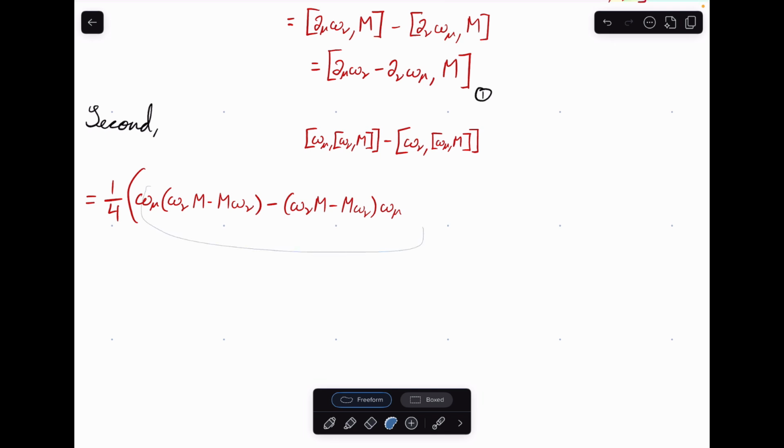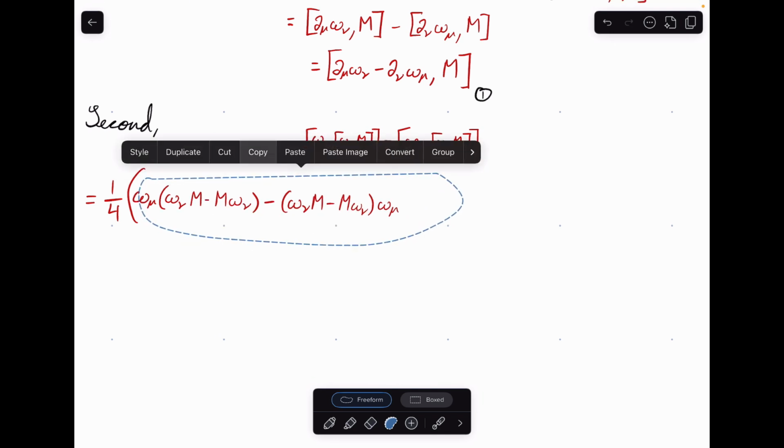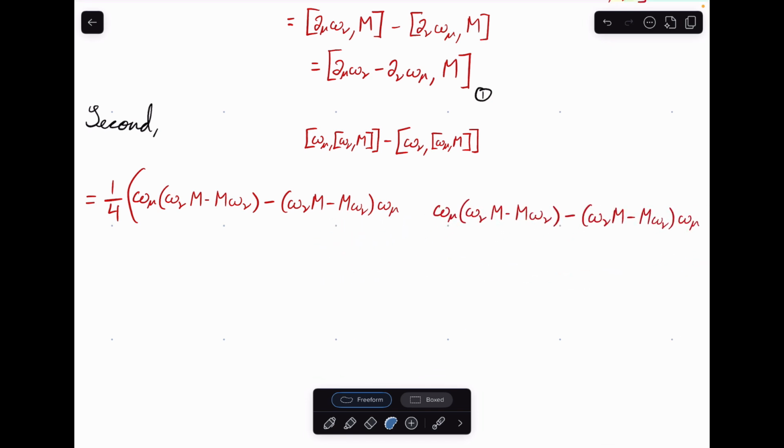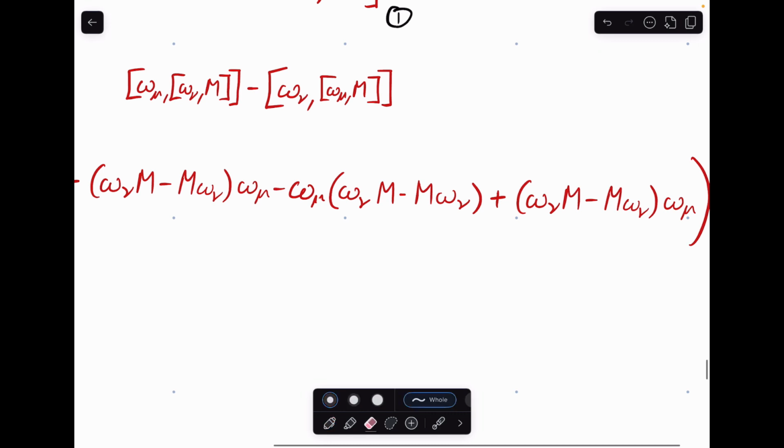We can just copy and paste this, and put a minus plus, and then swap all of the indices.